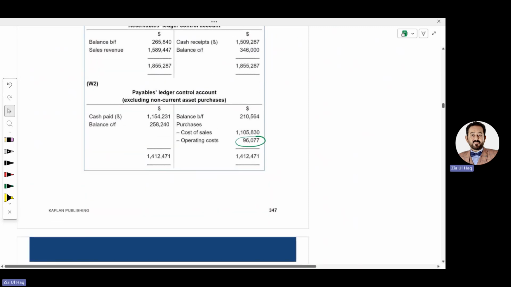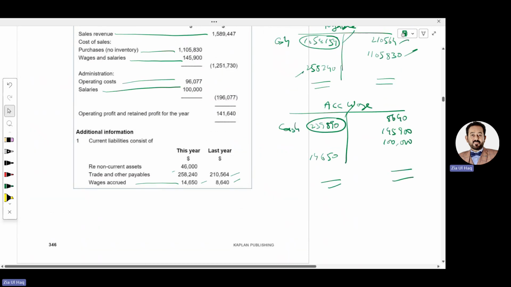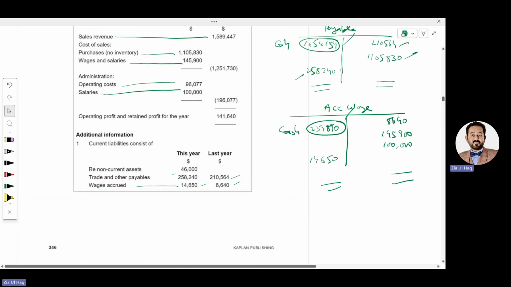How can we deduct it? By debiting it. Why are they adding this 96,077? These operating costs are not relating to payables. These are admin expenses and shouldn't be part of payables.